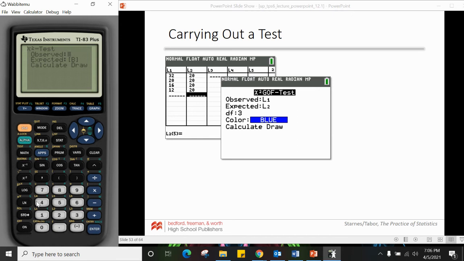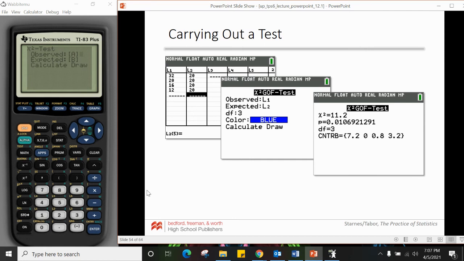Let's see if I can actually do this. Interesting, so I don't have the same. Most of you will have this calculator where you can do observed L1, L2, degrees of freedom is 3, and then calculate, and you should get this out. I have a feeling I might have to put these in matrices for my calculator because it's older. So give me a second.